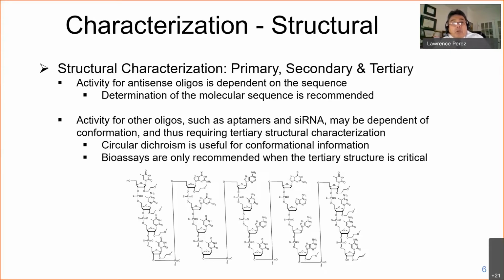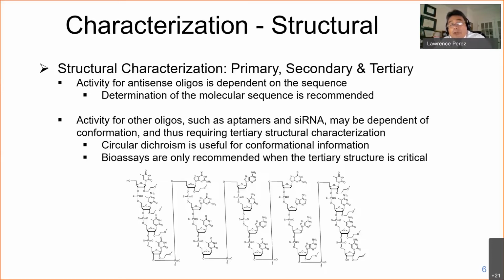And thus, we look for a confirmation of what that nucleotide sequence is, and that can be done by a mass fragmentation analysis, or by a cap failure sequence analysis, or even a T-melt. But these are some of the special techniques that are needed to confirm the bioactive conformation for single-stranded oligos.